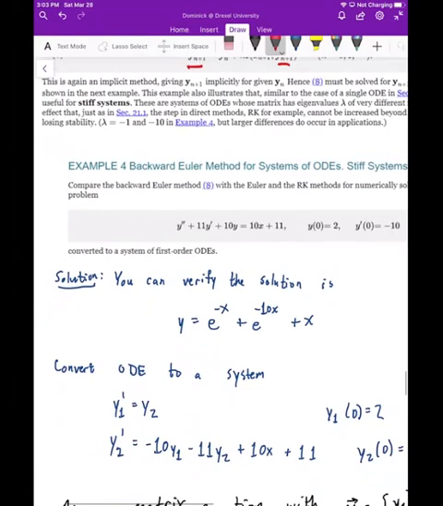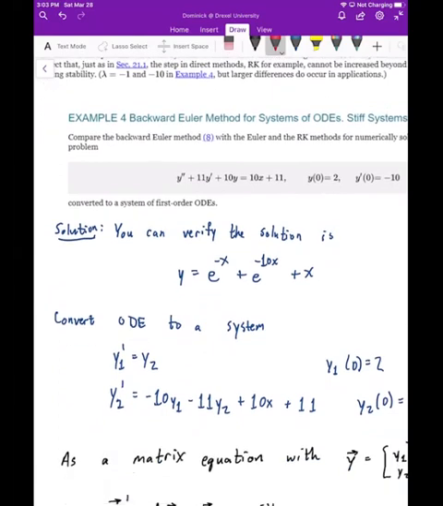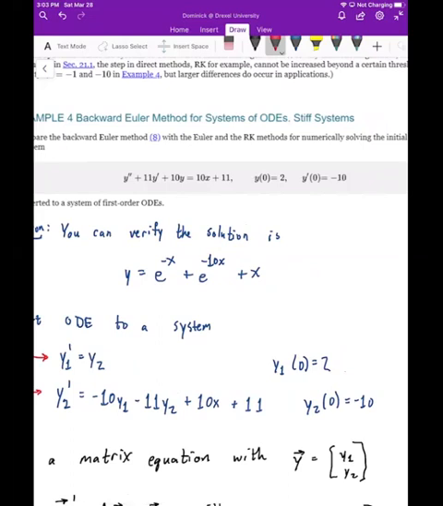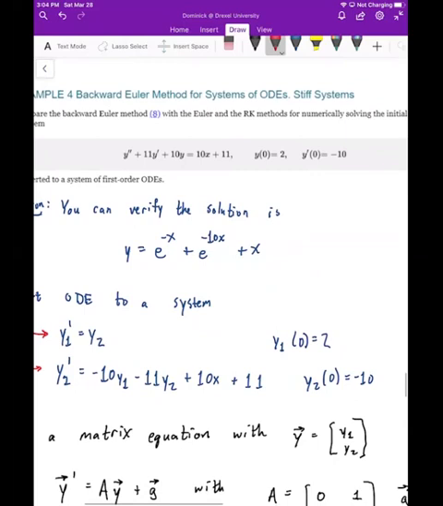Okay, so again, what would be the first thing you would do? You would convert this to a system of first order ODEs, right? So if you do that, we would then get y1 prime is equal to y2, and that y2 prime is negative 10y1 minus 11y2 plus 10x plus 11, right, by moving the terms over. And just converting those initial conditions to our component-wise initial conditions.